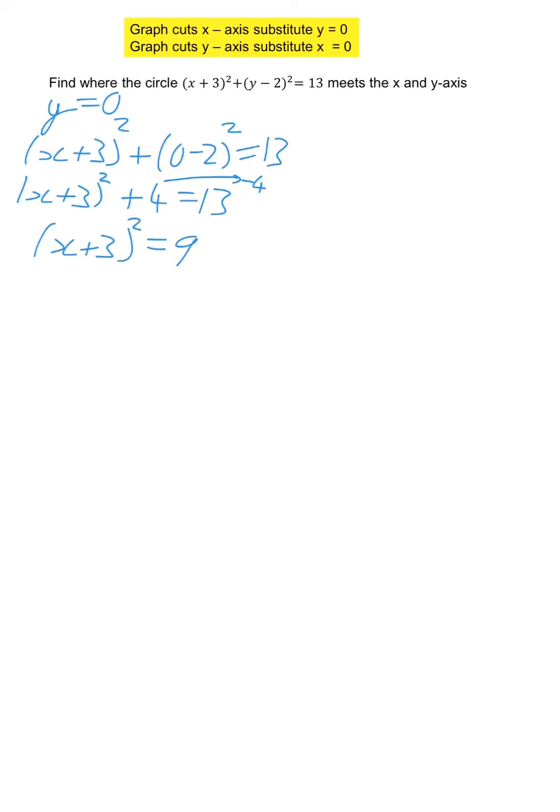Now, to get rid of the squared here, I can square root the other side. So I'm going to have x + 3 equal to the square root of 9, so that gets me x + 3 equal to now plus or minus 3.